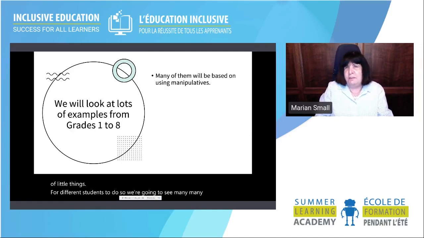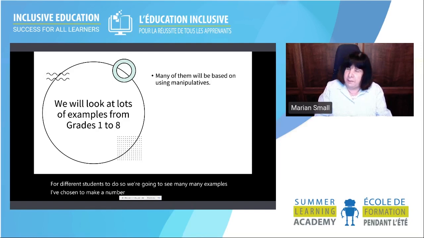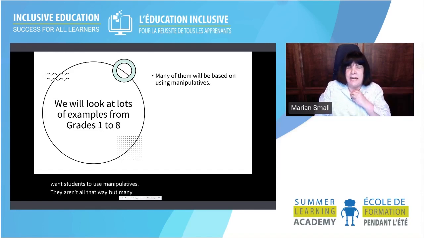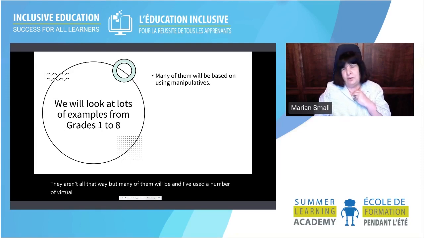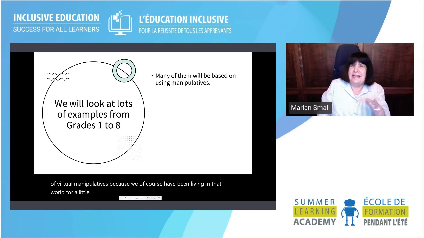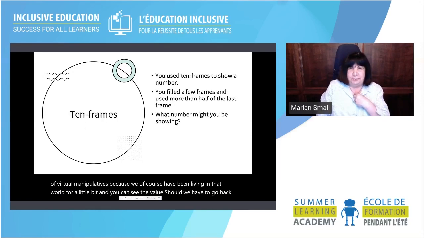I've chosen to make a number of them manipulative based because we still want students to use manipulatives. They aren't all that way, but many of them will be. And I've used a number of virtual manipulatives because we, of course, have been living in that world for a little bit. And you can see the value should we have to go back to that situation.